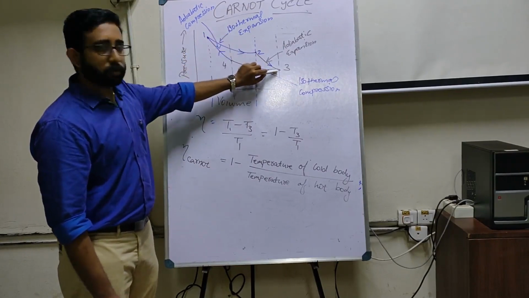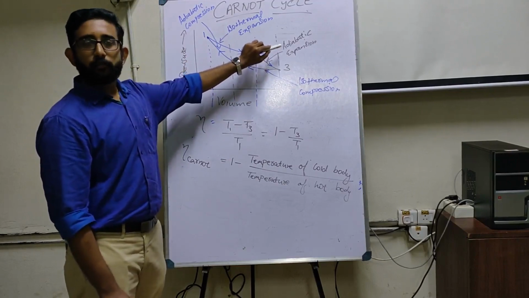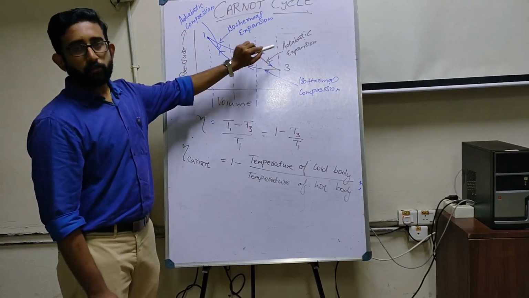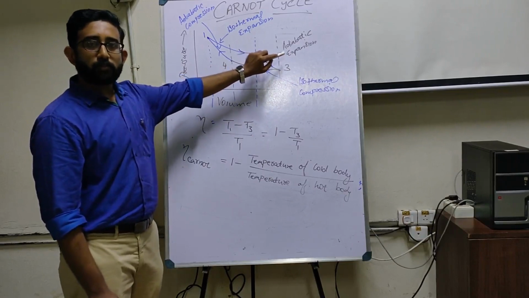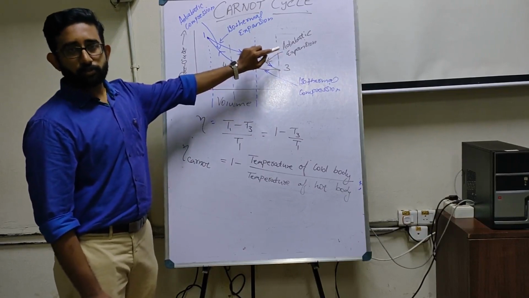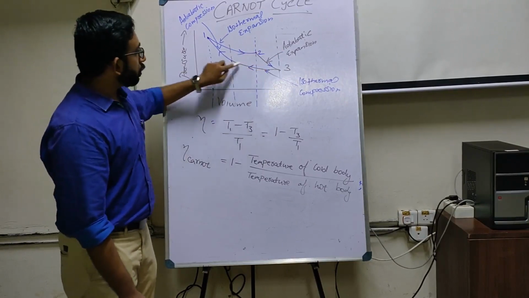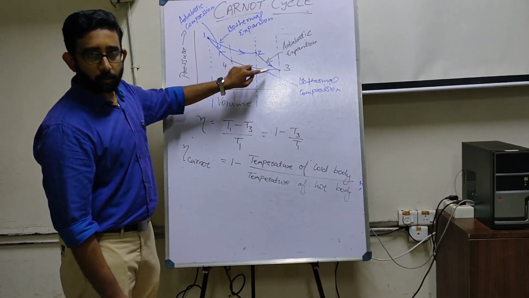And the 2 to 3 process stated by Carnot is an adiabatic process. And for an adiabatic process to take place, it must be an extremely fast process. That is, the process should take place without any heat transfer to the surroundings. Likewise, the 3 to 4 is an isothermal compression process, so it should be an extremely slow process.